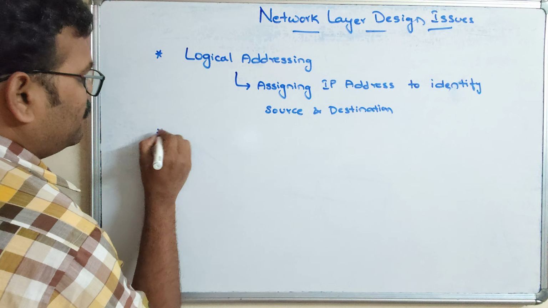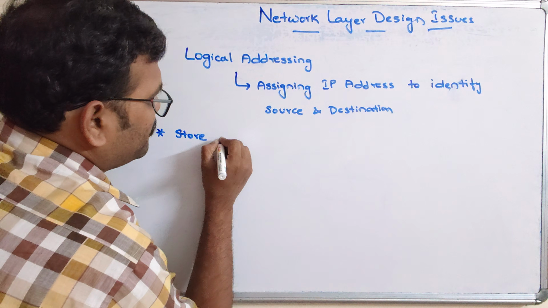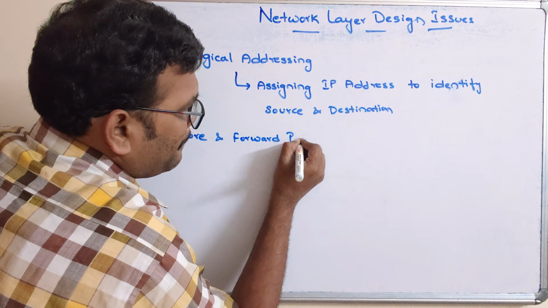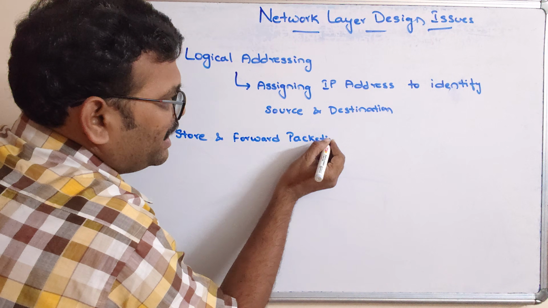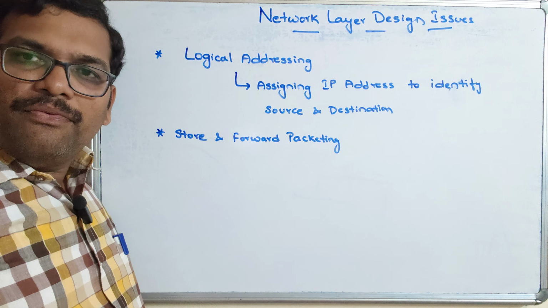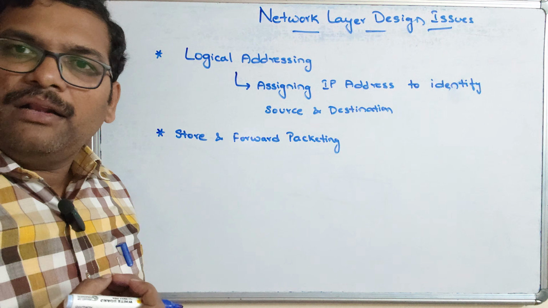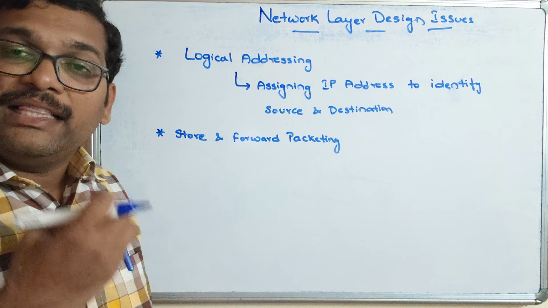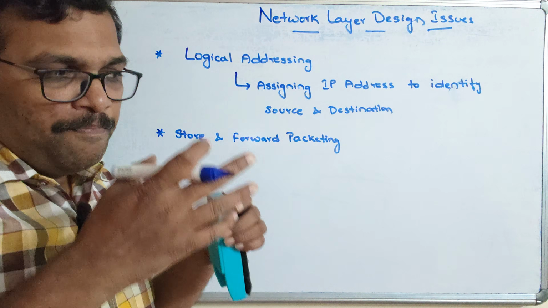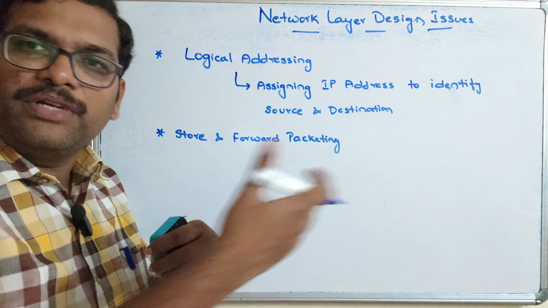And the next one, store and forward packaging. Here the data will be represented in terms of packets. Every router will store the packet and then forward it to the next router. The main thing is transmitting data over the network from source to destination.